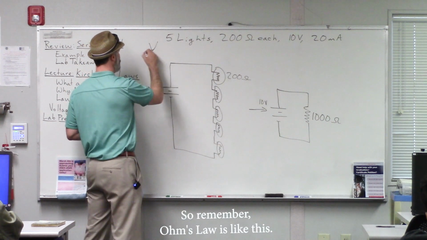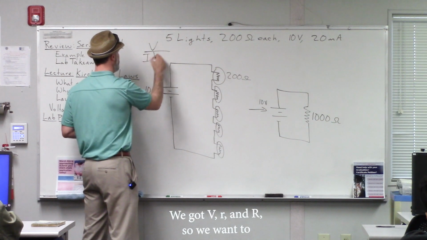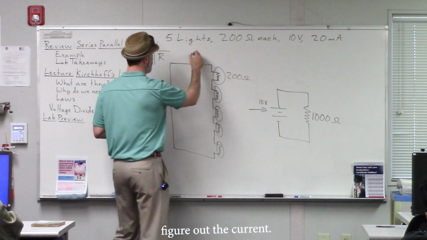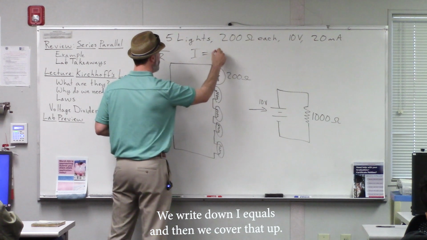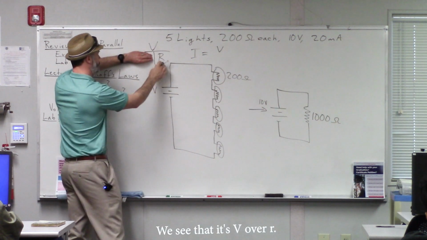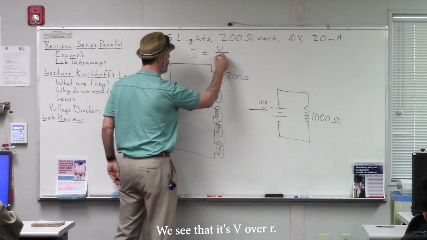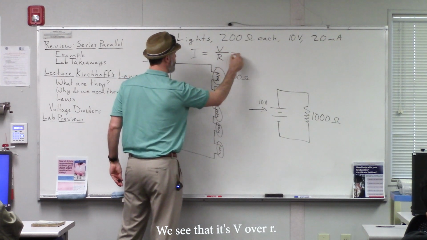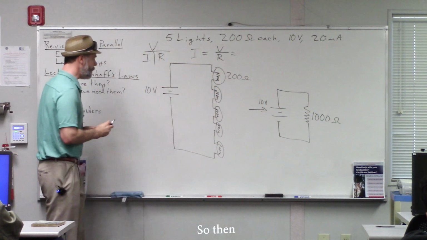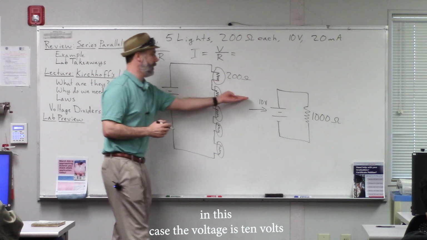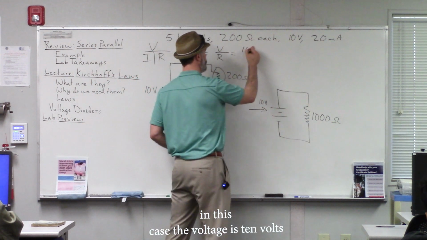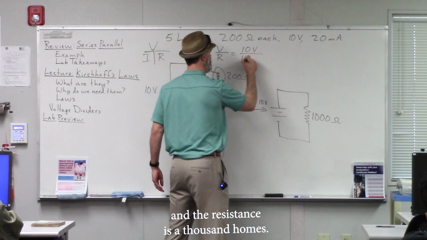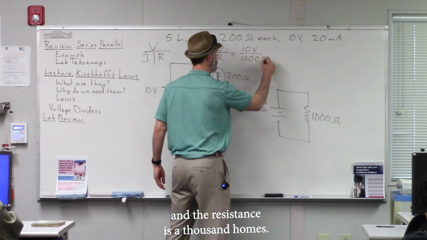So remember, Ohm's law is like this. We've got V, I, and R. So we want to figure out the current. We write down I equals, and then we cover that up. We see that it's V over R. So then, in this case, the voltage is 10 volts, and the resistance is 1,000 ohms.